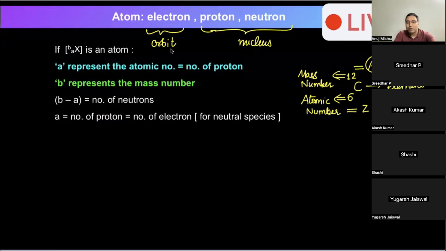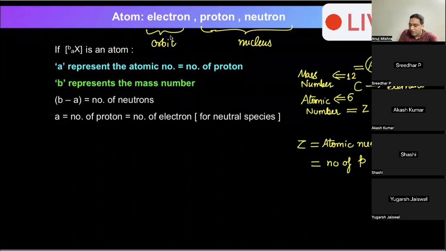Is it clear up to this point? All of you comfortable? Okay. So Z, which is atomic number, this will be equal to number of protons and this will be equal to number of electrons. Okay.